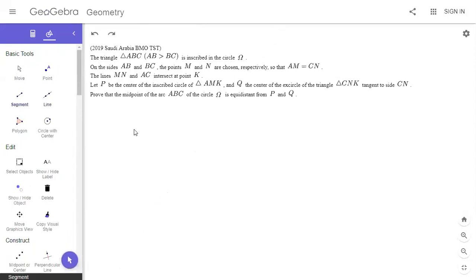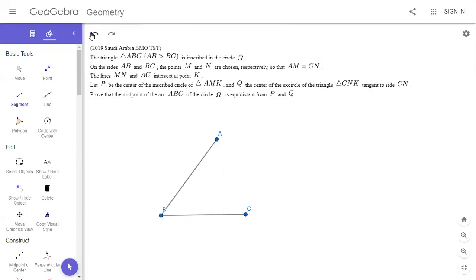Whoops. So we have a triangle ABC. We want AB to be greater than BC. Actually, let me do it like this. Something like that. I don't like that. Let me do it something like this.